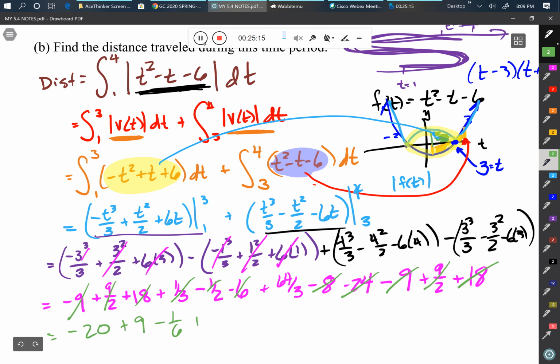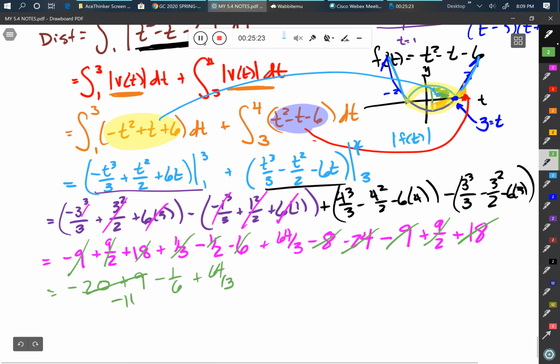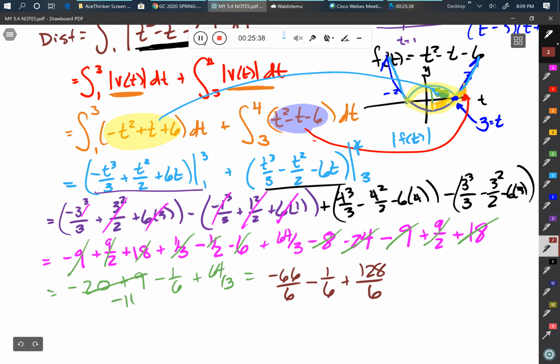And a 64/3. Negative 11. All right, I'm going to have to make everything into, what, 6 to make this thing work? So negative 66 sixths minus 1/6 plus 128 sixths.